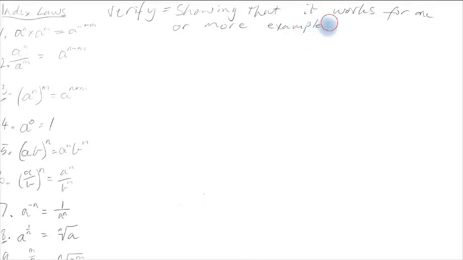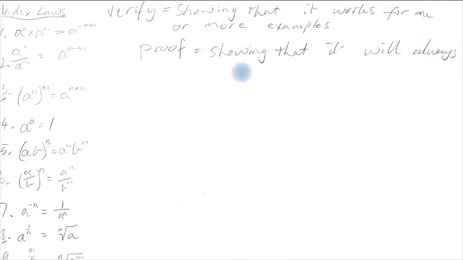So verifying is different to a proof or proving something. A proof is basically showing that it will always work. And the key bit here is always, showing that it will always work. So I'll show you what the difference between verifying and proving is with this first index law.